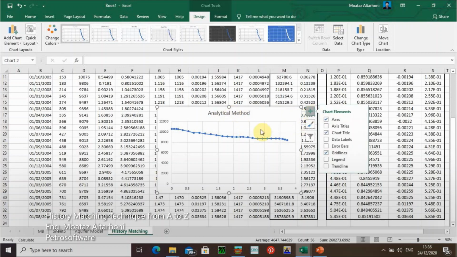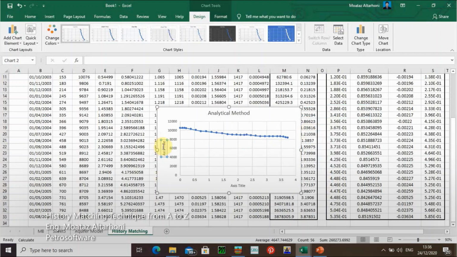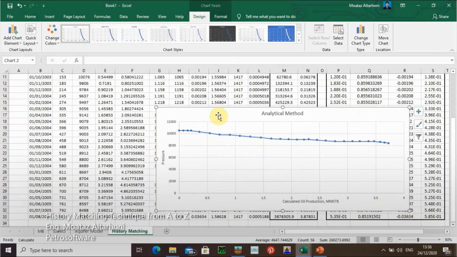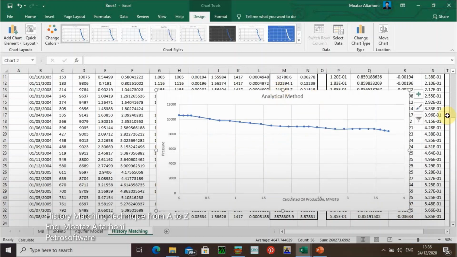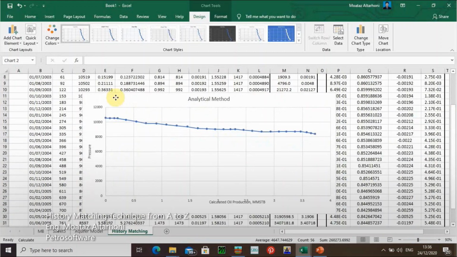Here in the y-axis the pressure, and in X the oil production. This is the good result I have here, so I need to add another curve.